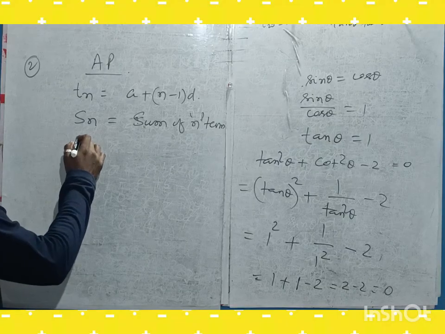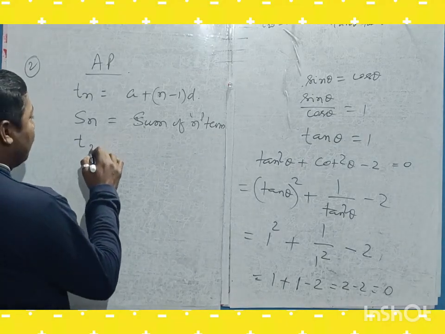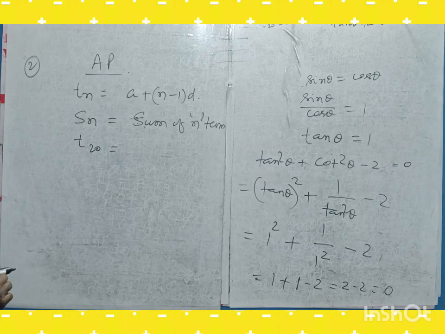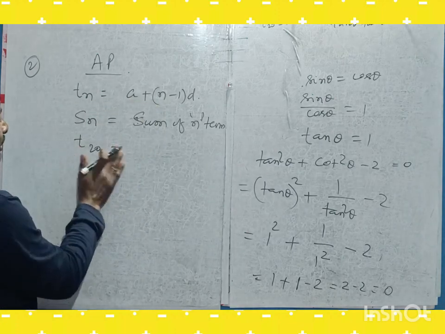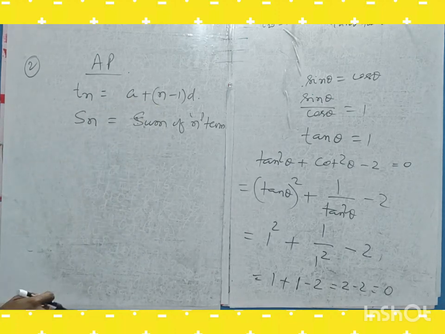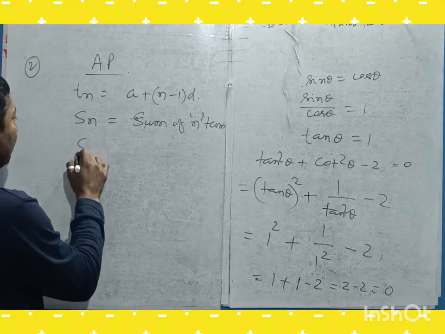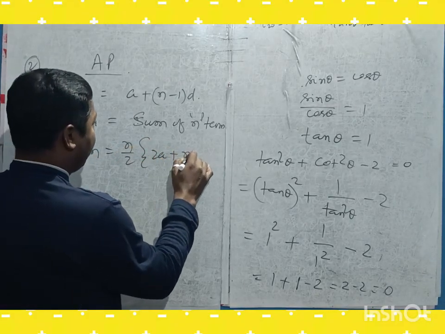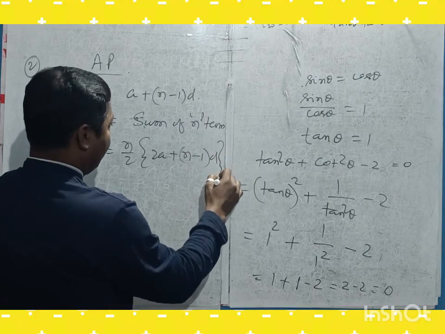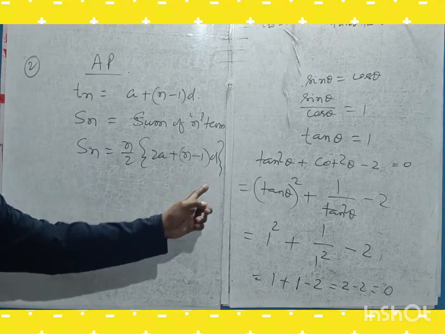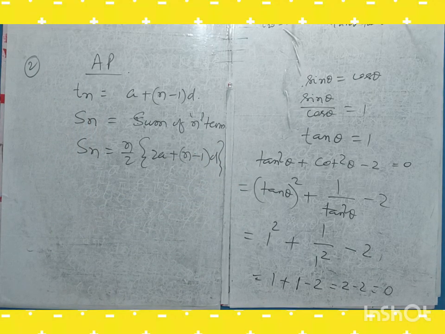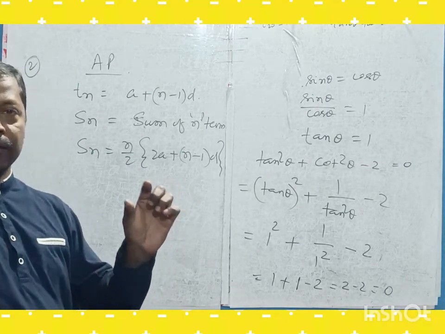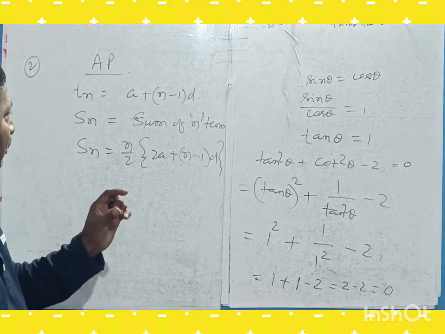Suppose T20 means 20th term. Tn is the nth term, T20 is the 20th term. So what is the formula of Sn? n by 2 into 2a plus n minus 1 into d. What is d here? The common difference. If a sequence is in AP, the common difference between any two terms is the d.